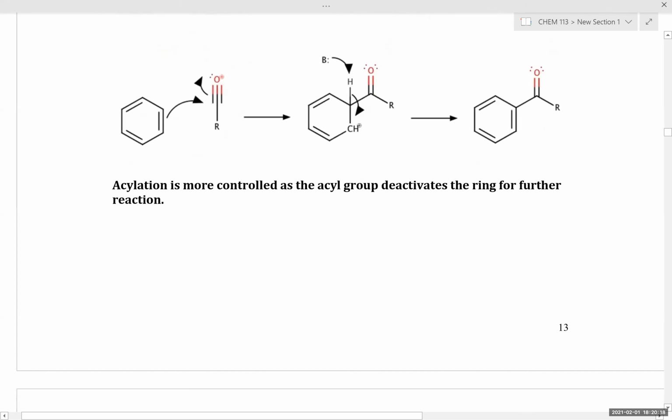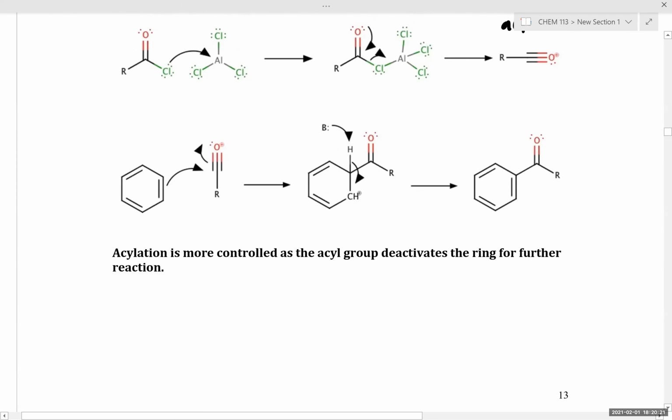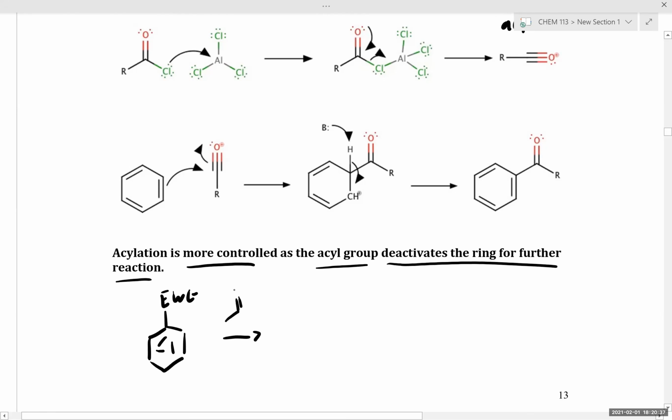One benefit of acylation is that acylation is more controlled, as the acyl group deactivates the ring for further reaction, right? If we have an electron withdrawing group and we try to run Friedel-Crafts acylation conditions, as we talked about for alkylation, will we see a reaction if we have a deactivated ring?